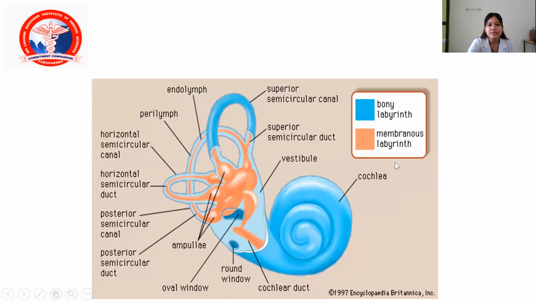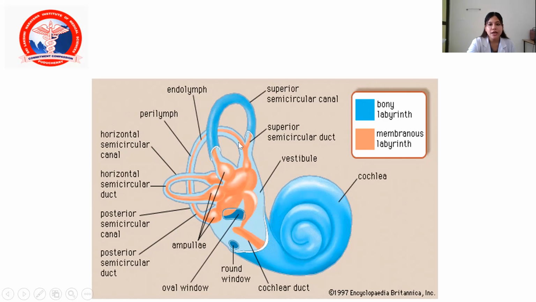So at this level, we have seen that the bony labyrinth and the membranous labyrinth have been formed. In blue, you are seeing the superior semicircular canal, then the lateral semicircular canal, and this is the posterior semicircular canal.